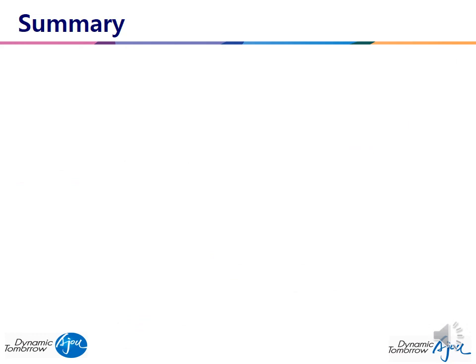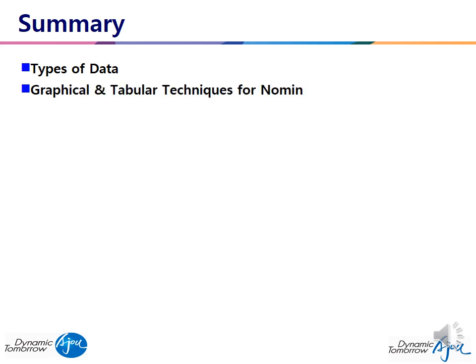Let's summarize today's class. First, we learned types of data: interval data, nominal data, ordinal data. You have to remember the definitions, and you should know how to explain them. And then we created graphs and tabular tables for nominal data.